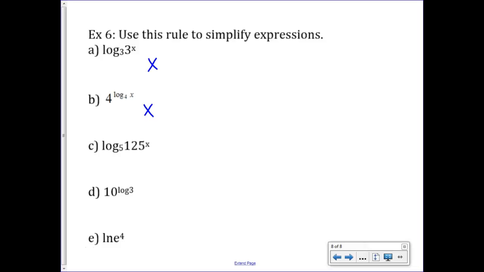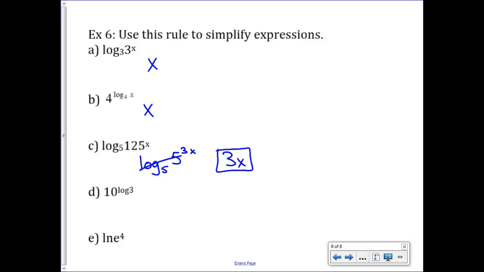Well, right now I can't do anything with it, but I can change that 125 to 5 to the 3rd power. So if I have 5 to the 3rd power times x, then all of that cancels and I'm left with just 3x when that simplifies.